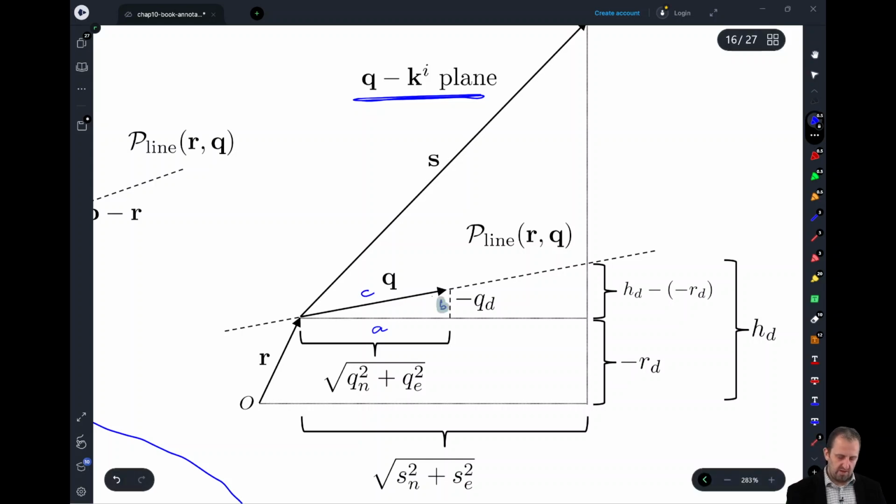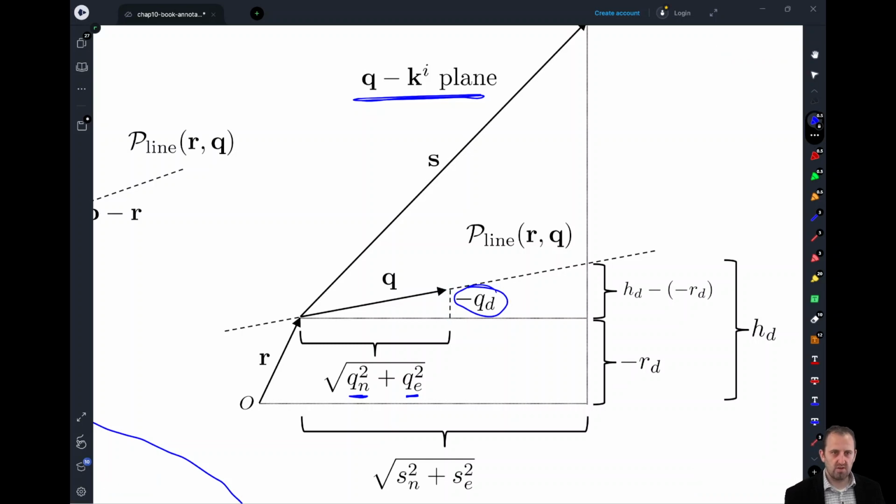If we look at vector Q, the component pointing straight along this axis is just going to be the north component plus the east component. Take the square of them and take the square root. So that's going to take care of the first two components of Q. And then this vertical component, if we're looking at it vertically, is just going to be our negative Q down.